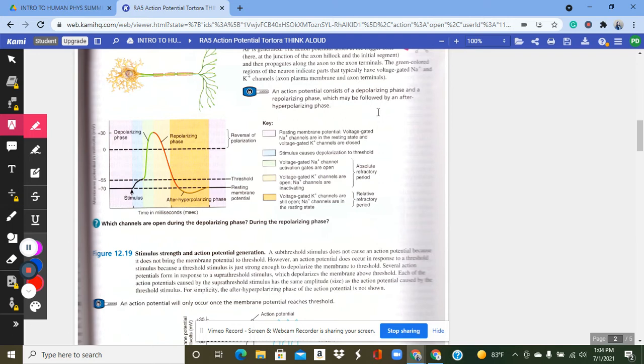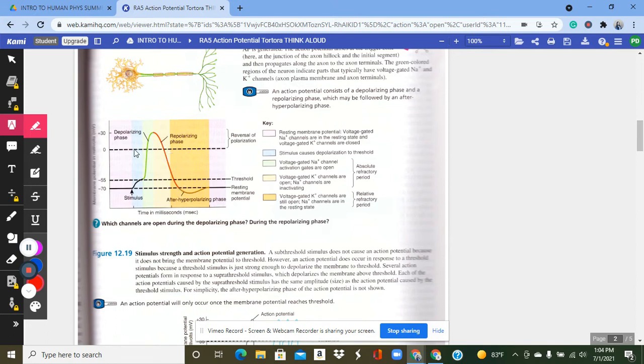Okay, so during this part, it is the absolute refractory period. The green is the depolarizing phase, which means the voltage-gated sodium channels are open, and in the repolarizing phase, the sodium channels close and the potassium channels open.